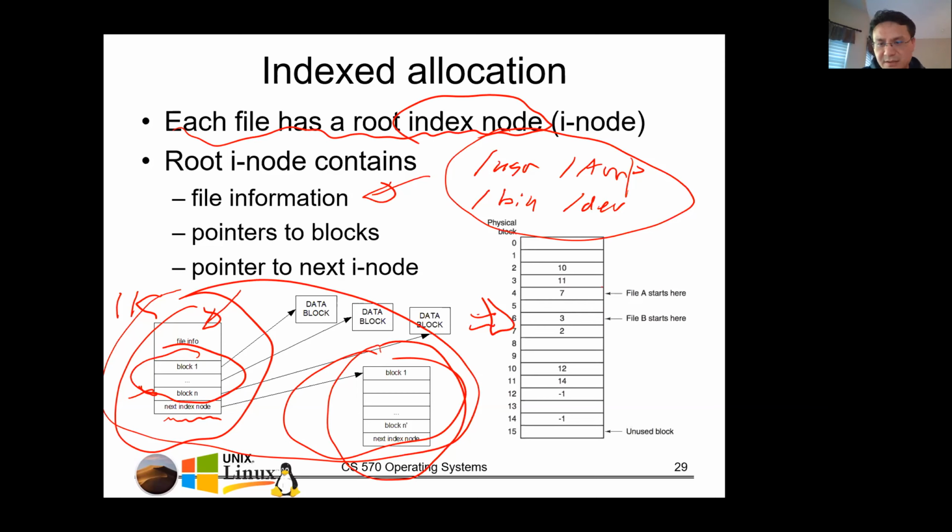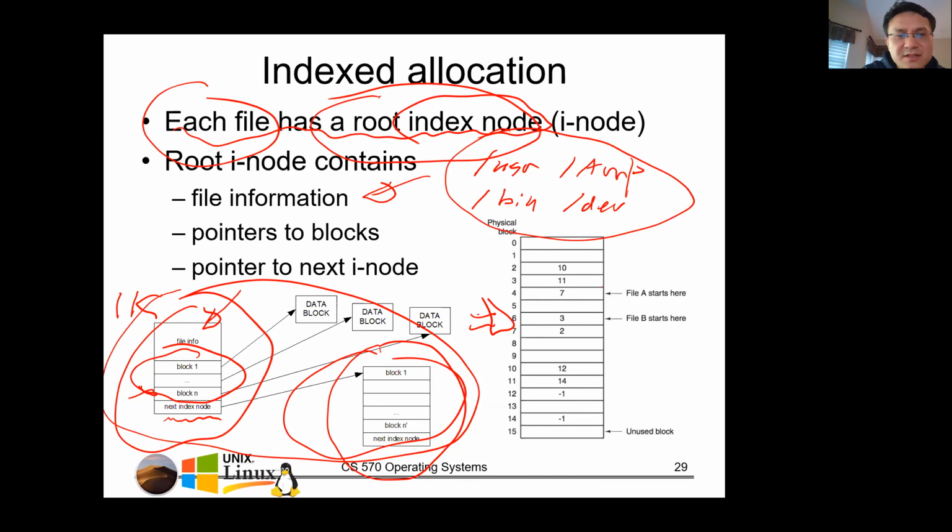They're called index nodes. Inode 0 is essentially your root directory under Unix, but that's different from the root index node for each file.